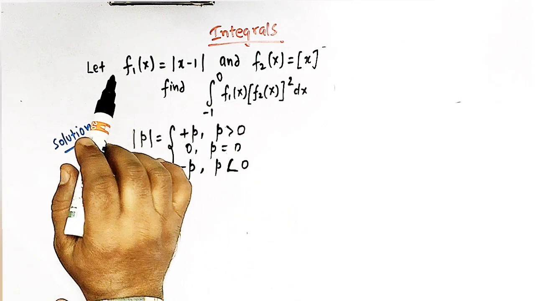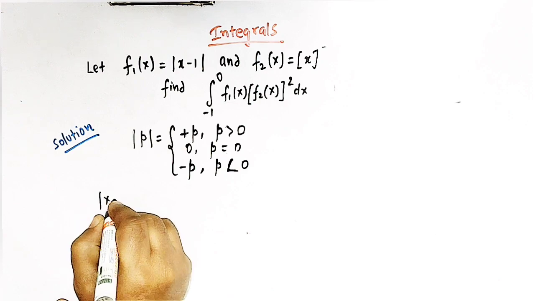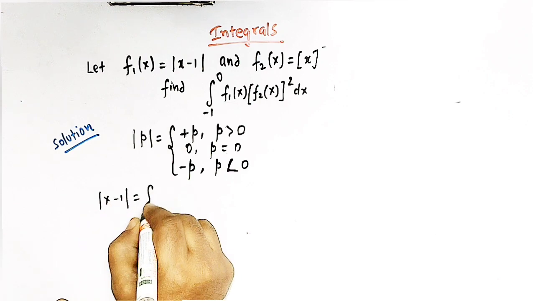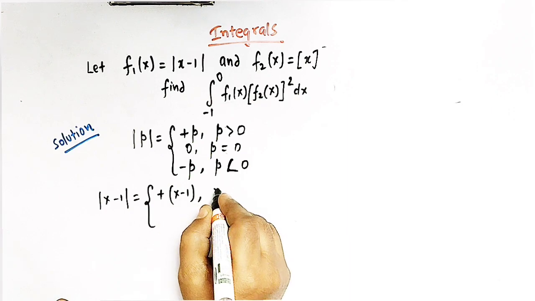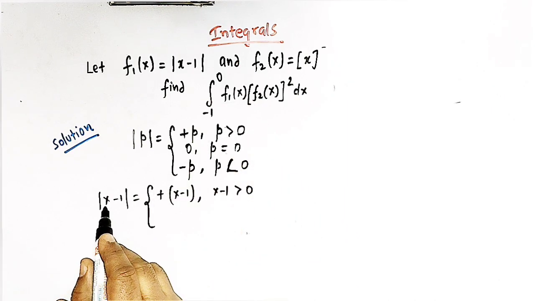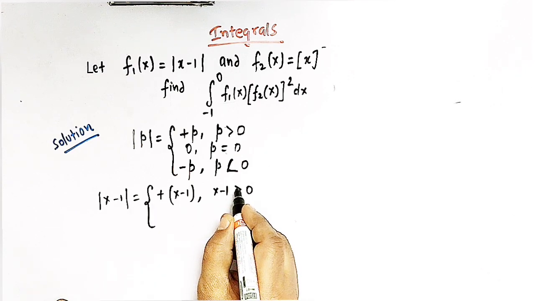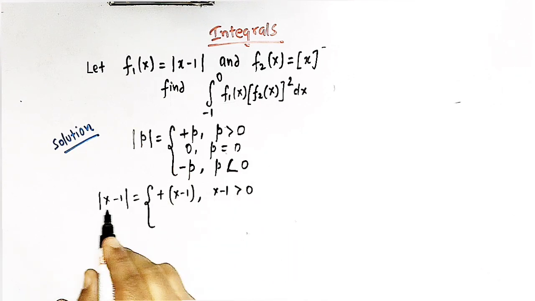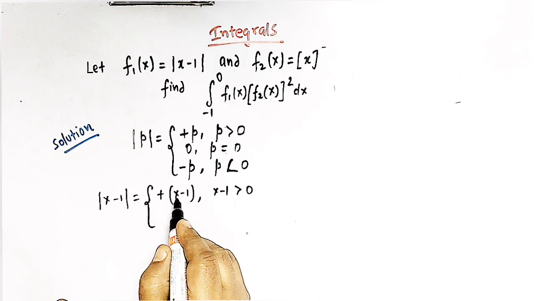So let us apply this definition to this function. We have mod of x minus 1, so this is a positive x minus 1 whenever x minus 1 is greater than 0. So here p can be taken as x minus 1. So here x minus 1 is greater than 0, then mod of x minus 1 is positive x minus 1.